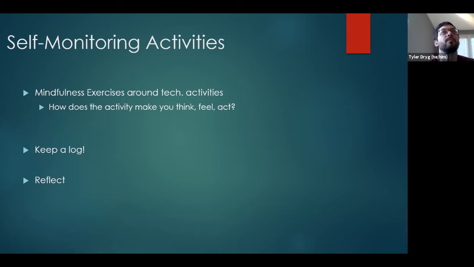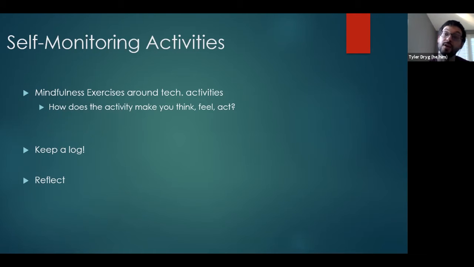Another important part of this is then keeping a log. So actually logging, okay, this time when I checked my email, I had so many tabs open. This time when I checked my email, I was thinking this, I was feeling this, I was acting like it resulted in these kinds of behaviors. And then reflecting on those over time. After you've done this log for a certain period of time, you might notice a certain pattern in behaviors, in thoughts or feelings.